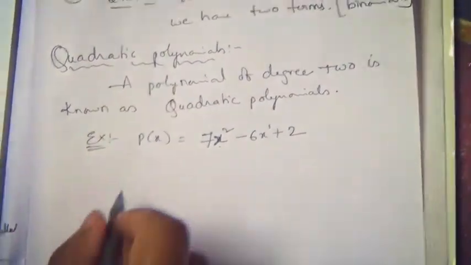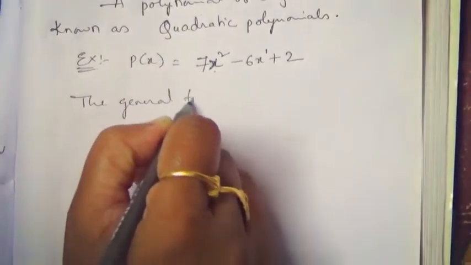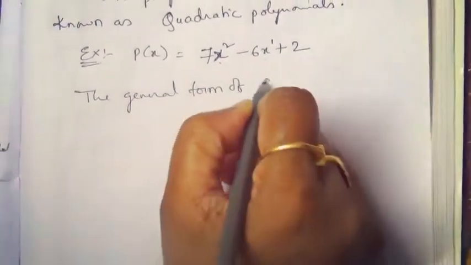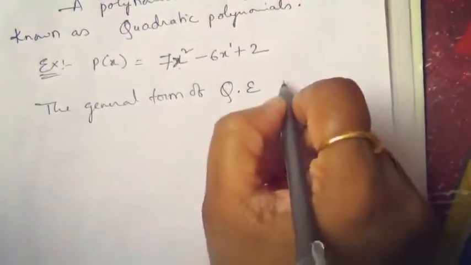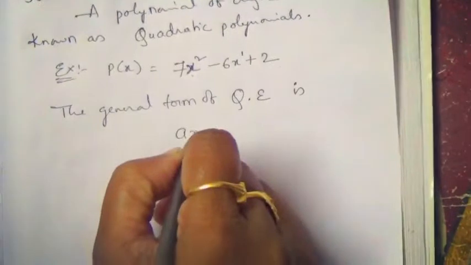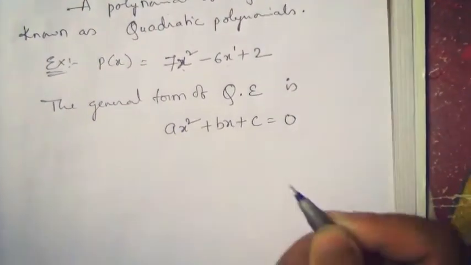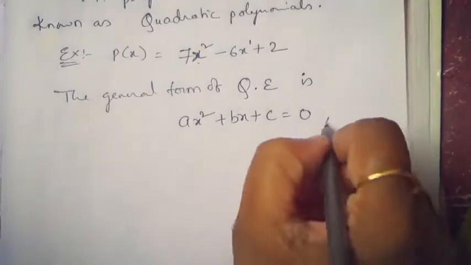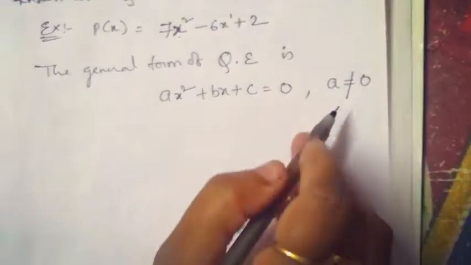So quadratic polynomials. What is the general form? The general form of a quadratic equation or quadratic polynomial is ax square plus bx plus c is equal to 0, and here you also have to write that a should not be equal to 0. Why?